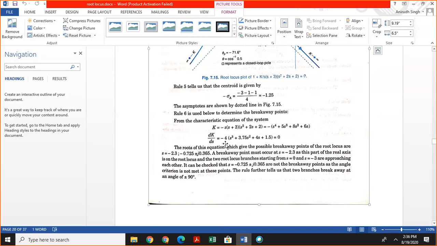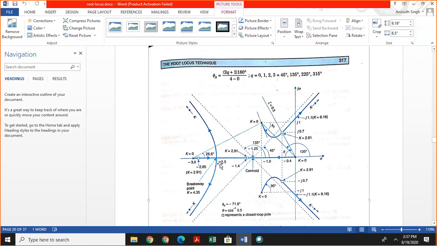There are three roots of this equation. s is equal to minus 2.3, and s is equal to minus 0.725 plus minus j 0.365. This is the valid breakaway point, and this is not the valid breakaway point. So this is the breakaway point.